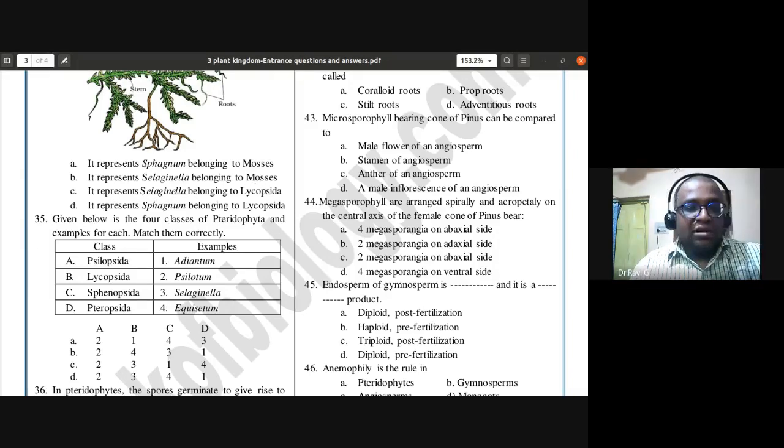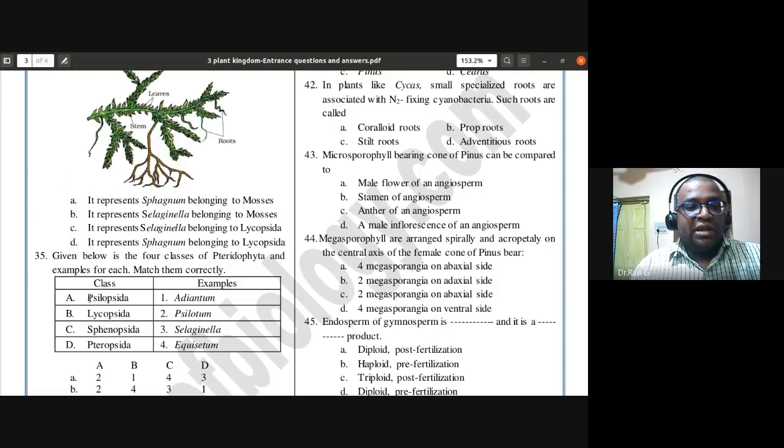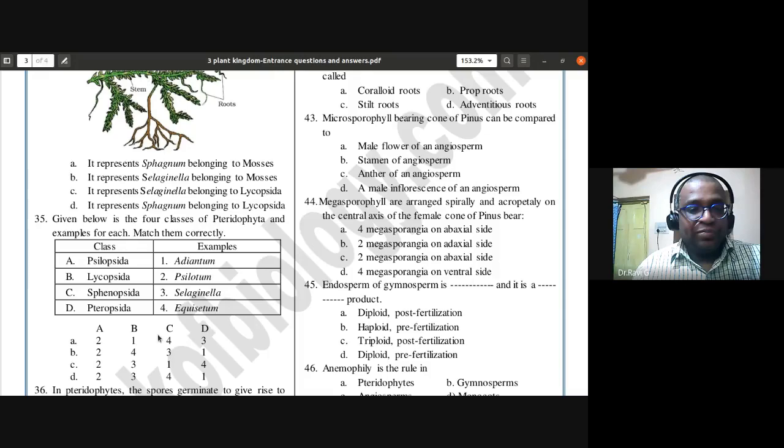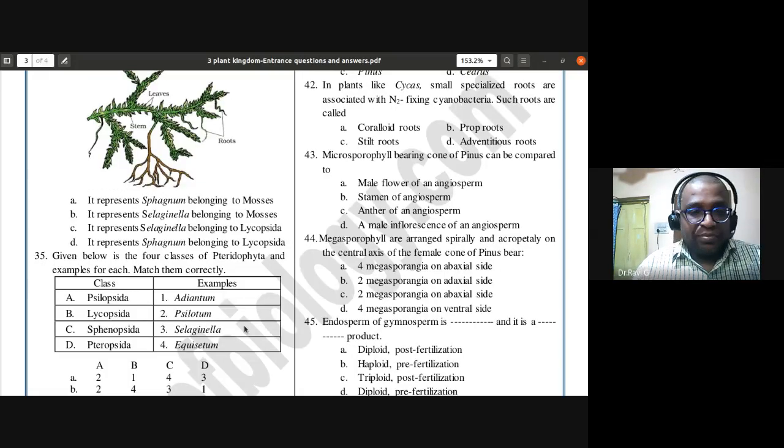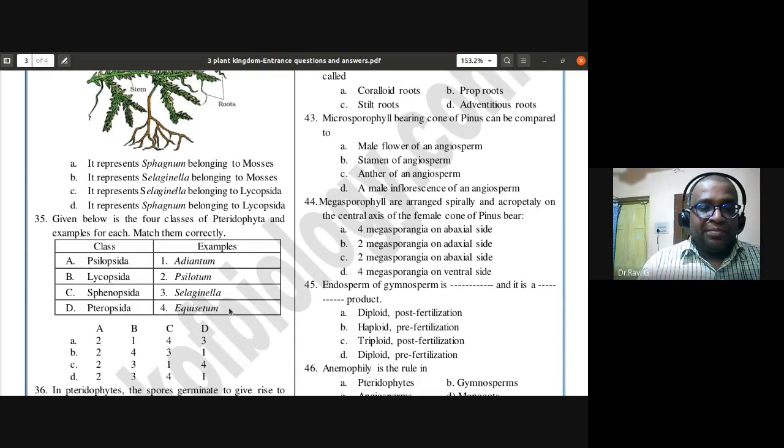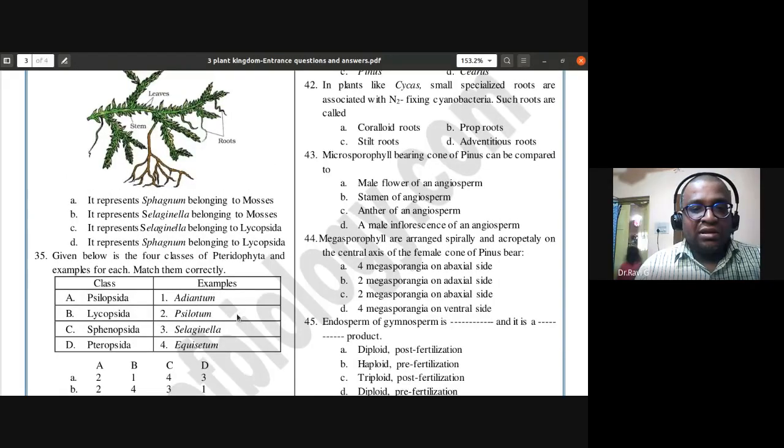35th, there are examples for it. Psilopsida, the example is Psilotum, A2. Lycopsida, the example is Selaginella, A2, B3. So C and D you can shortlist now. Then C, Sphenopsida, Equisetum, C4, and D, Pteropsida, Adiantum.